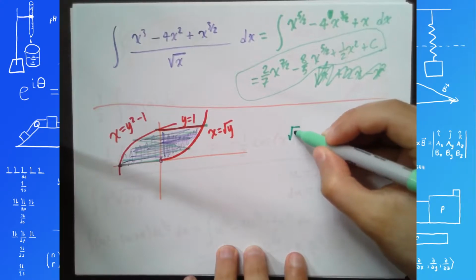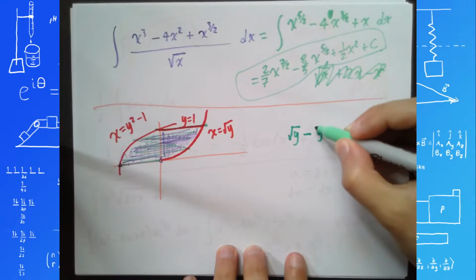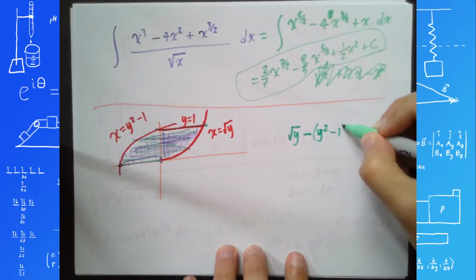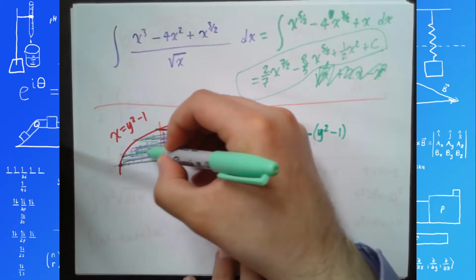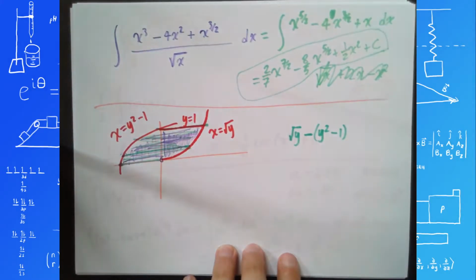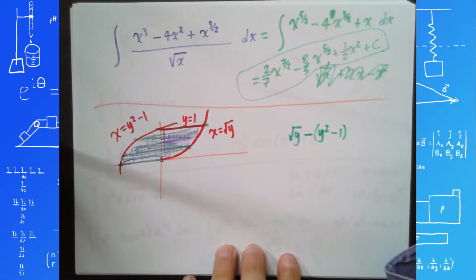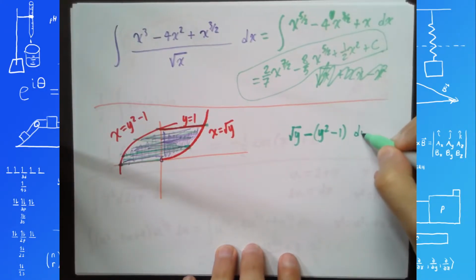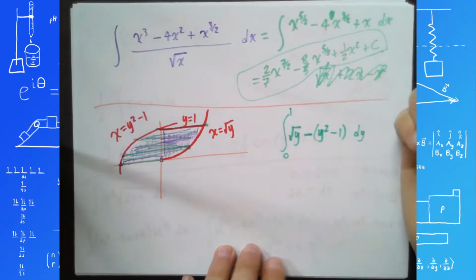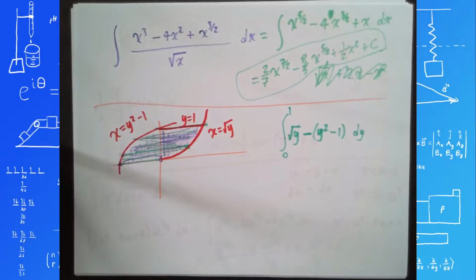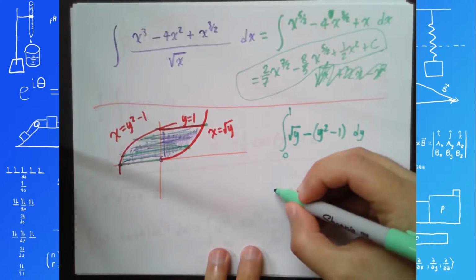So square root of y minus (y squared minus 1). That's going to be the distance between the two curves, and then we're going to integrate that with respect to y from 0 to 1. Okay, that doesn't look too bad. So let's go ahead and integrate it.